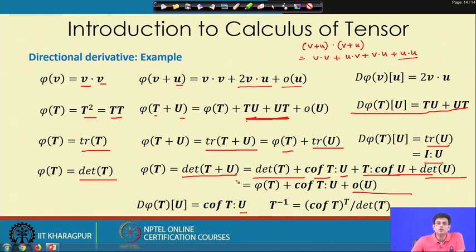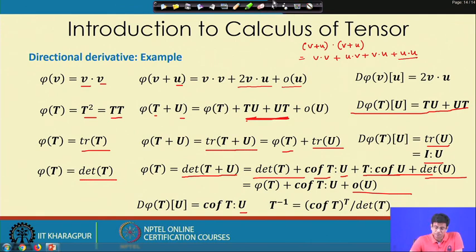Those who do not know what the cofactor of T is, it is the adjoint transpose, which we can find from our matrix algebra knowledge. So, the inverse of a tensor I can define like this: the cofactor transpose of that tensor divided by det of T, the determinant of T.